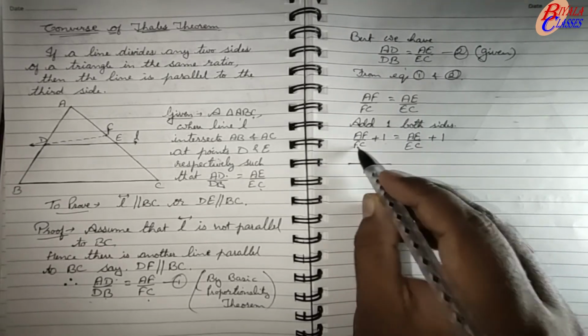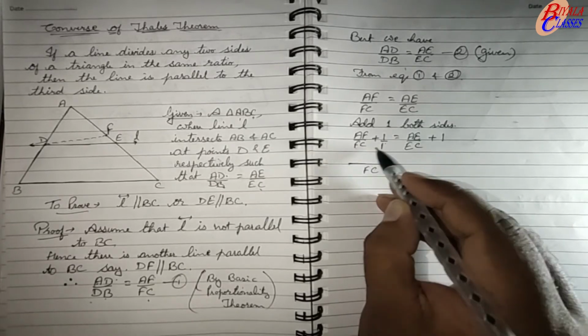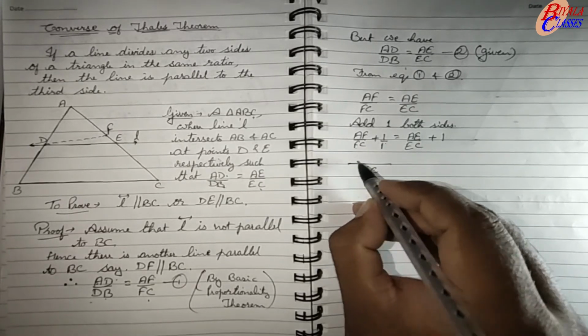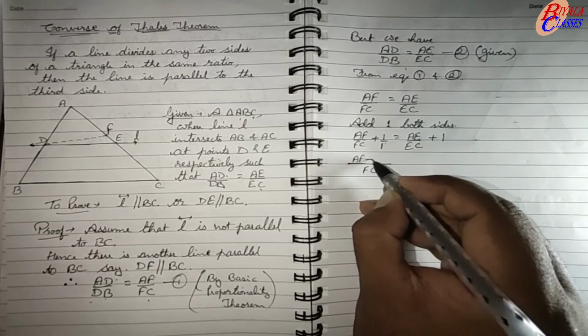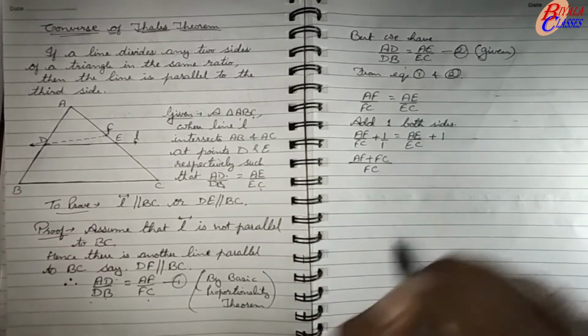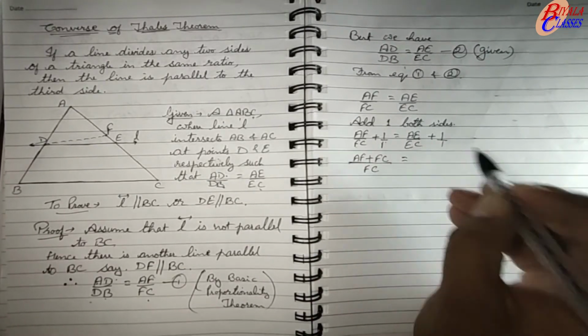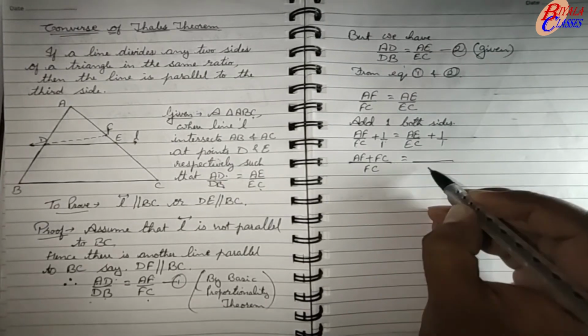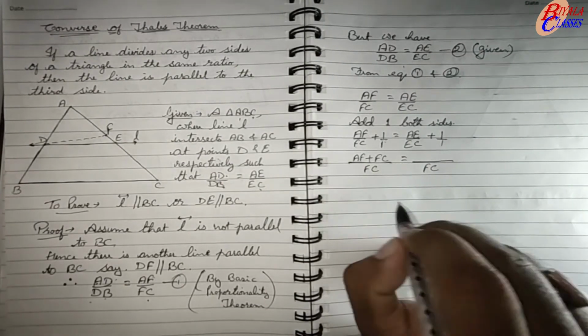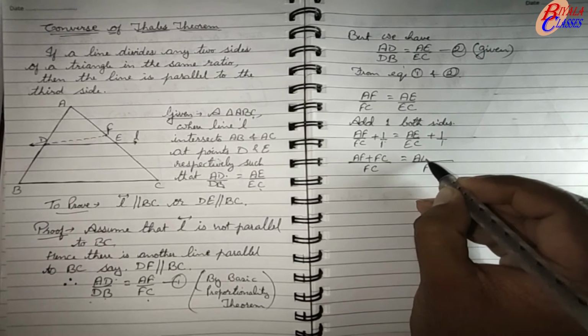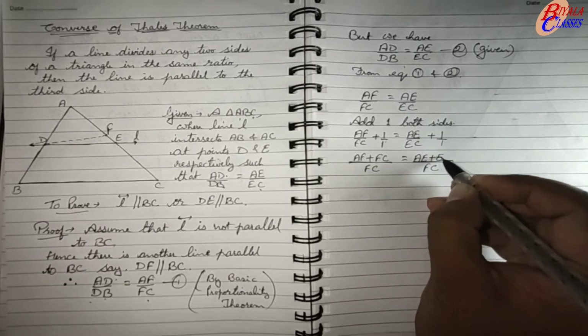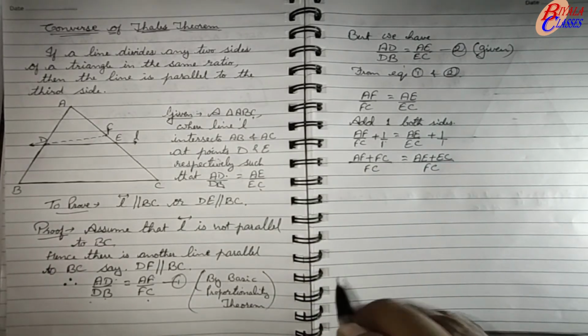The LCM is FC, so you have here AF plus FC. Same on the right hand side, the LCM is FC, so you have AE plus EC as the numerator.